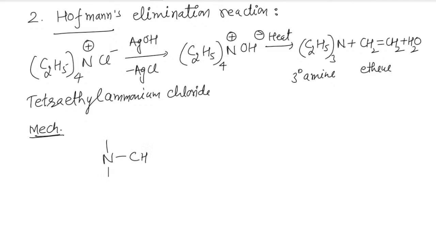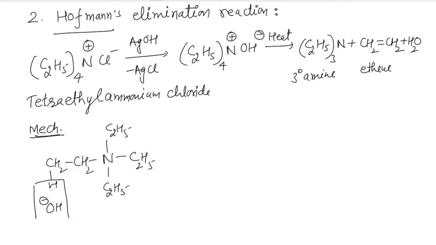See, we have C2H5, C2H5, C2H5 and CH2, CH3. One H is removed by OH negative. OH negative ion will get this H plus, so water is removed here. This nitrogen is positive because it forms 4 bonds.